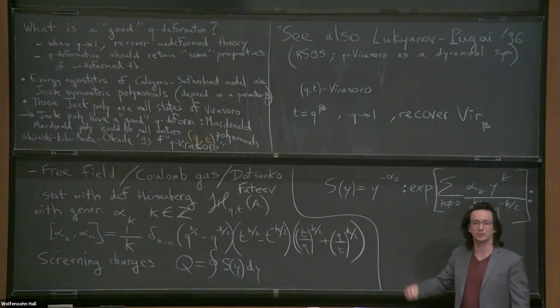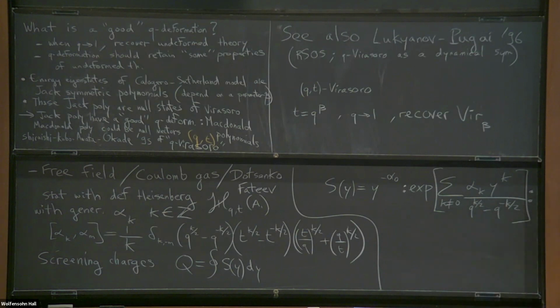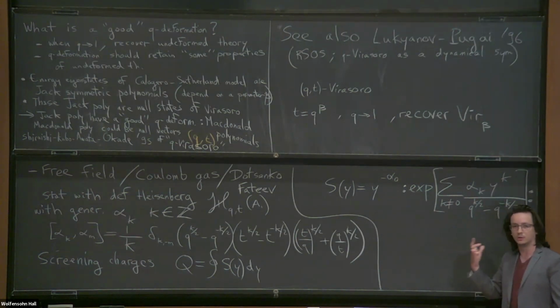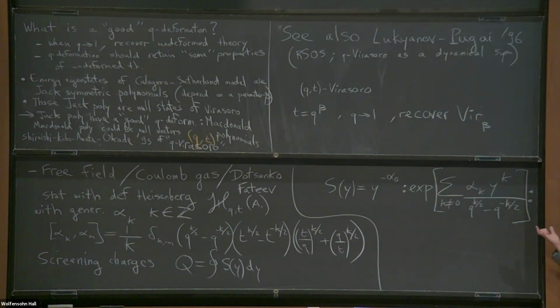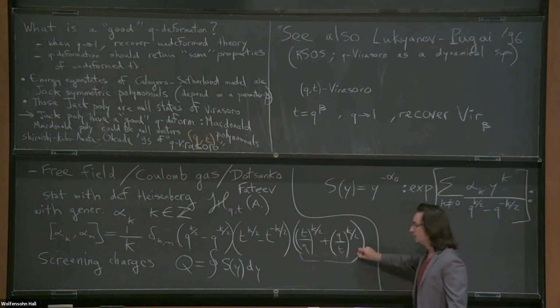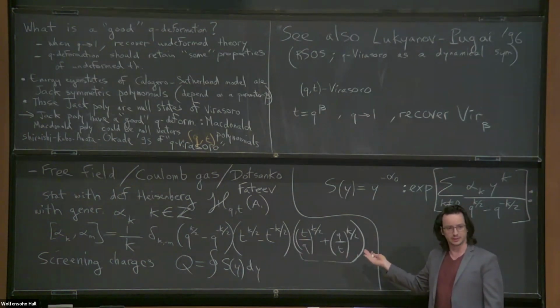Why do you care about these objects? Well, we'll be able to compute correlation functions in this algebra using this formalism. And that's the only real known formalism that generalizes beyond A1. Now you can replace A1 by an arbitrary simple Lie algebra. This construction works the same way. What you would do is replace this by a deformed version of the Cartan matrix.